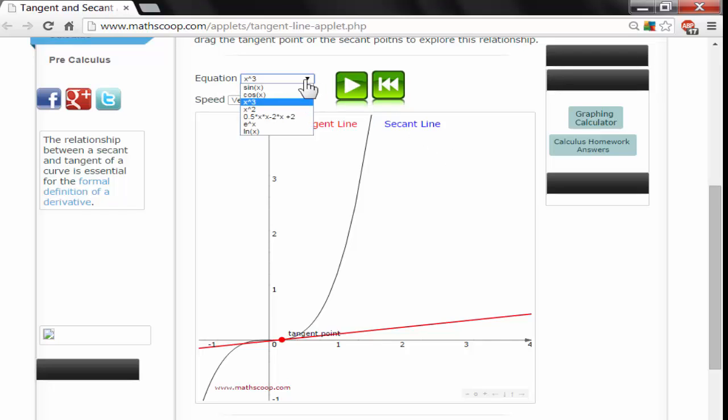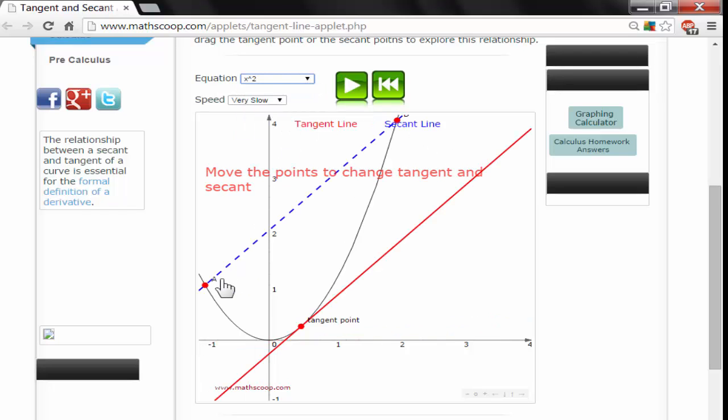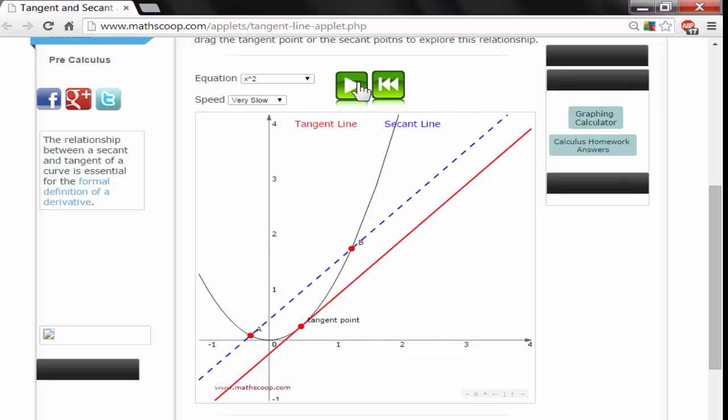Suppose we want to look at x squared. Let's see how x squared looks. Here we've got a secant line, and as you can see, you'll still see how this secant line is going to evolve into the line tangent to the curve right there.